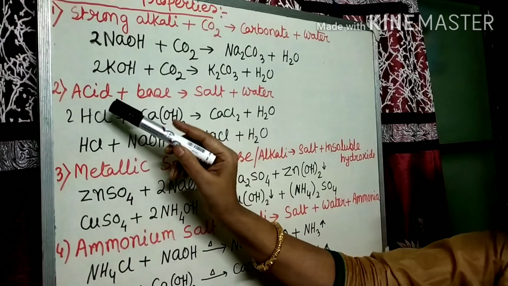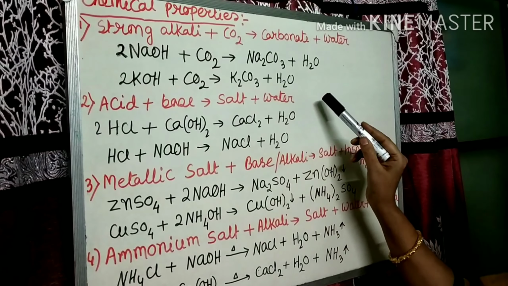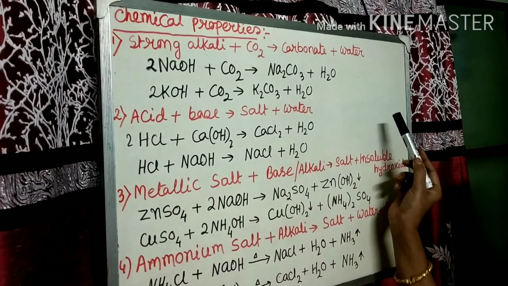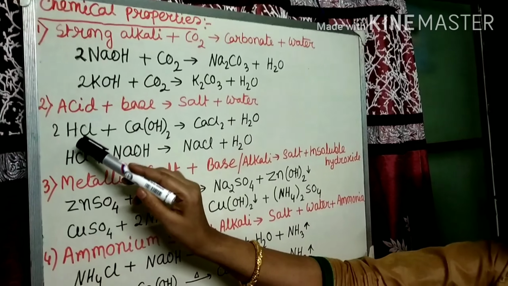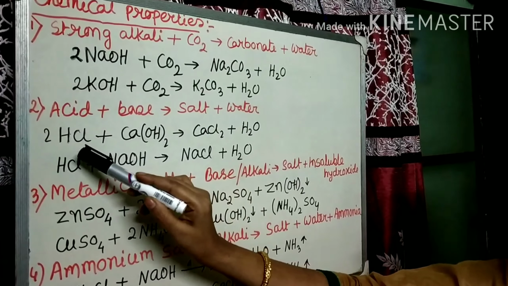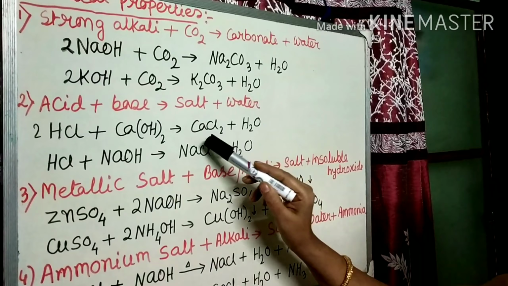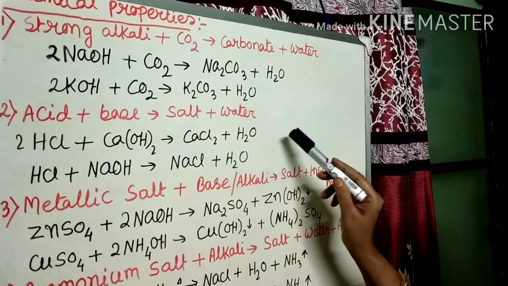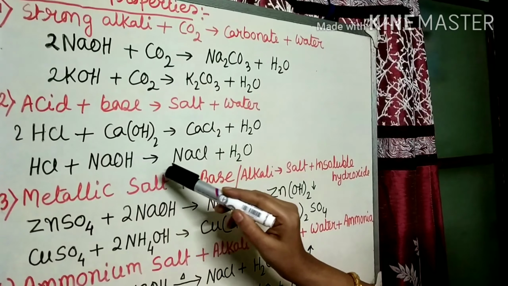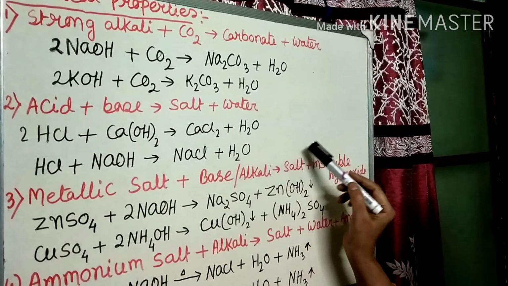Number 2, when acid reacts with base, then salt and water are formed. This is known as a neutralization reaction. See example, HCl plus Ca(OH)2, hydrochloric acid plus calcium hydroxide, gives calcium chloride CaCl2 plus H2O. Next, HCl plus NaOH gives NaCl plus H2O.